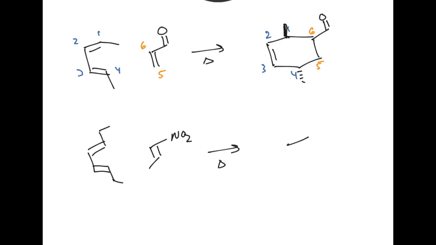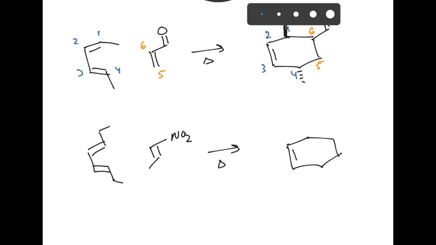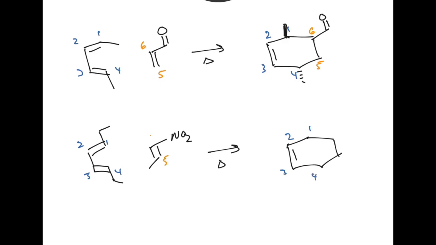So down here, are they on the same side or on opposite sides? Same side. They're both outside the box. So they're going to be on the same side. I like to draw wedges all the time.